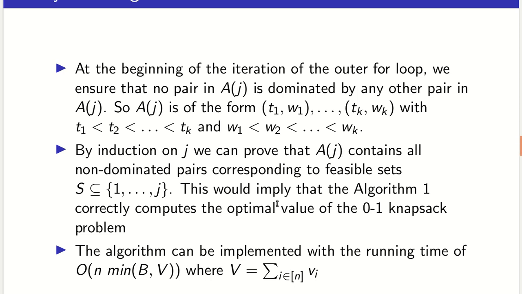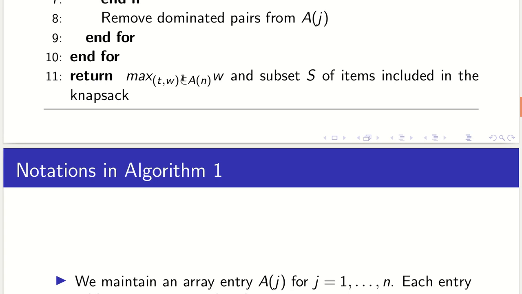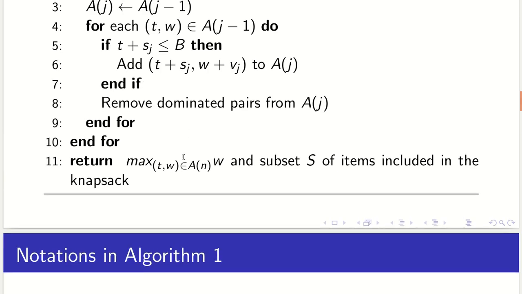So it would mean that the final list which we get, A_n, will consist of all the non-dominated pairs, and then this particular statement will be obviously true, because if we have all possible non-dominated pairs, then the pair which contains the highest value of w will be our answer.